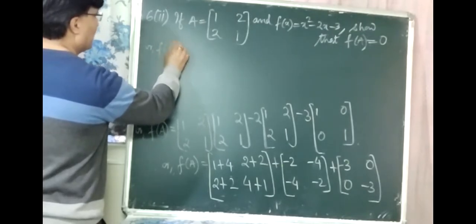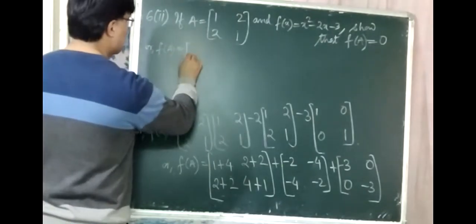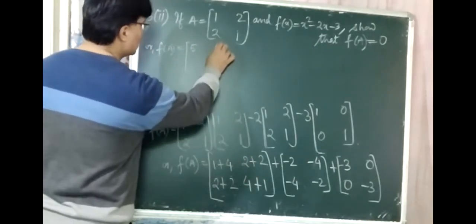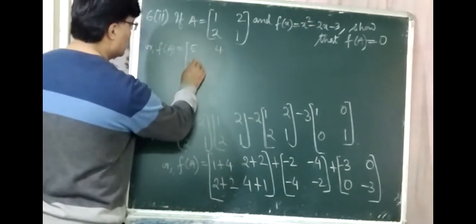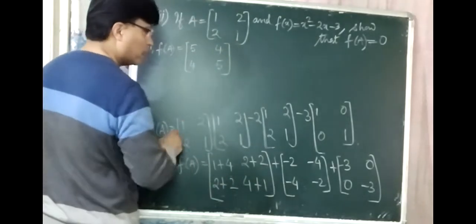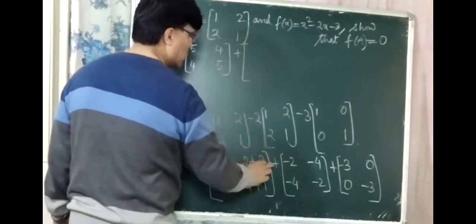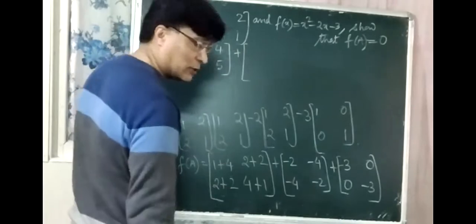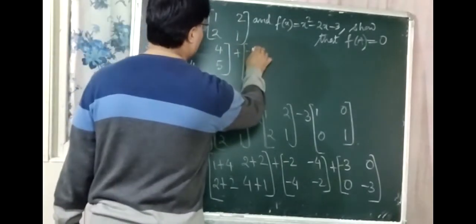Now next, so let us simplify it further. Or f of A is equal to, how much is it now? 4 plus 1, 5, 2 plus 2, 4, 2 plus 2, 4 again, 4 plus 1 is 5. Next, plus, you can add those two matrices here, second and third matrix. They are of same order, so you can add them. Minus 2, minus 3, minus 5, right?